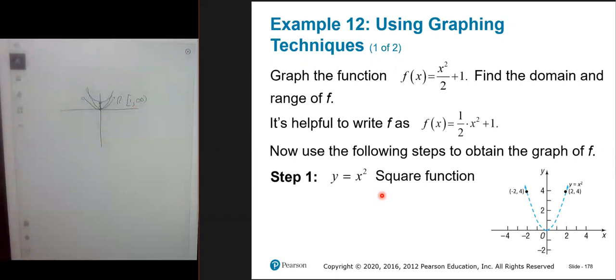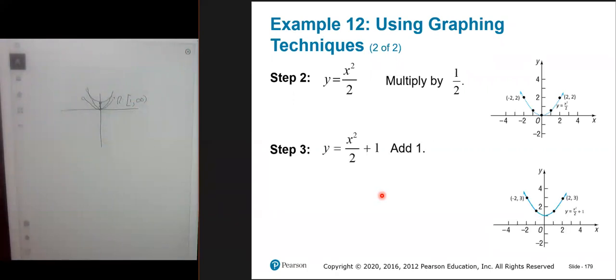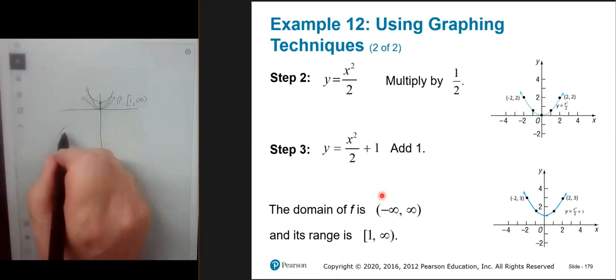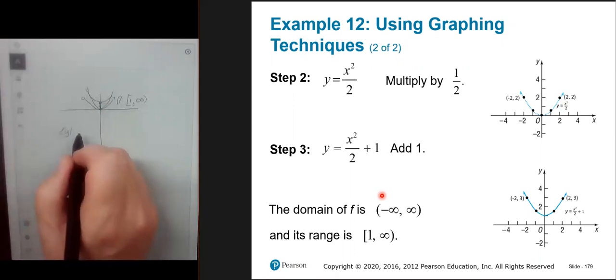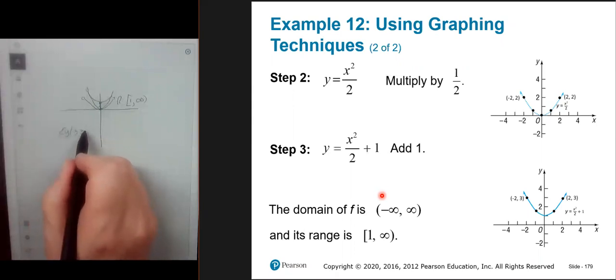So we square, multiply each of the y values by 1/2, then add 1 to each of those new y values, and we look at the smallest y value to the largest y value. That's from 1 to infinity, or in set builder notation, all real numbers y such that y is greater than or equal to 1.